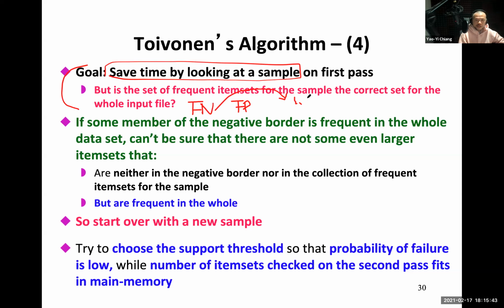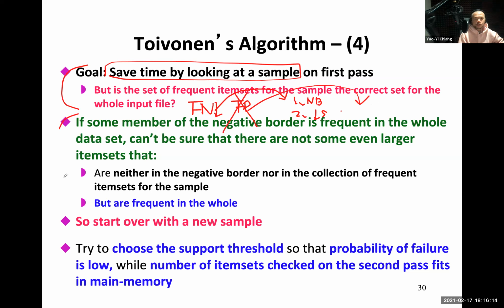First, we build the negative border, which serves as an indicator. Second, we lower our support threshold, so the chance that we are going to have false negatives will be smaller. Okay. To remove false positives in the second pass, we will count everything that is identified as frequent item sets and remove these.